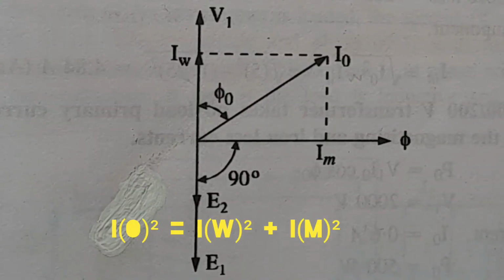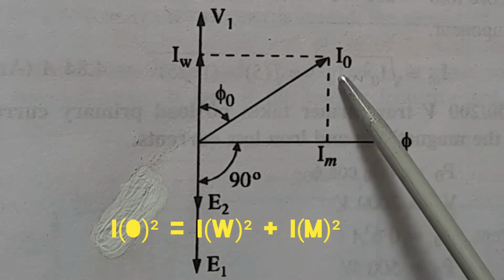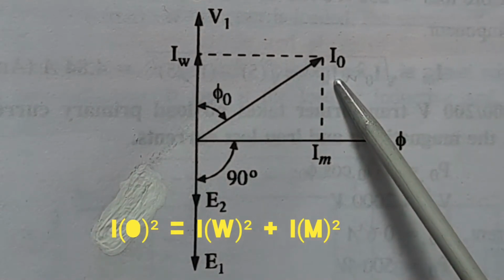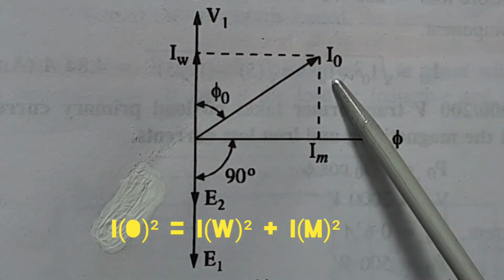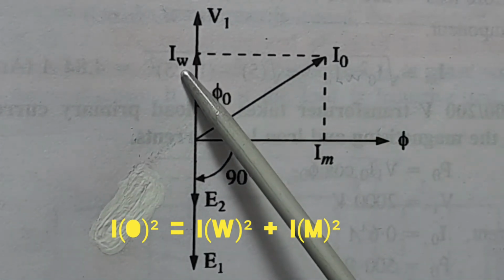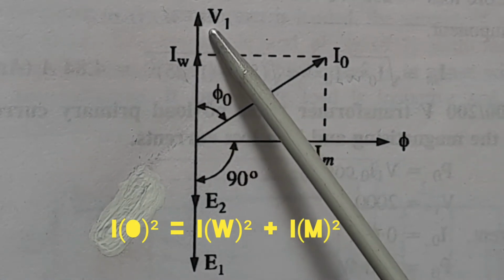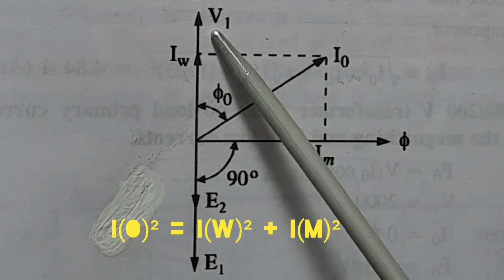So if we see the vector diagram also, we can see that I0, that is no load primary current, is resolved into two components. First component is IW or I working. This is in phase with the applied voltage.